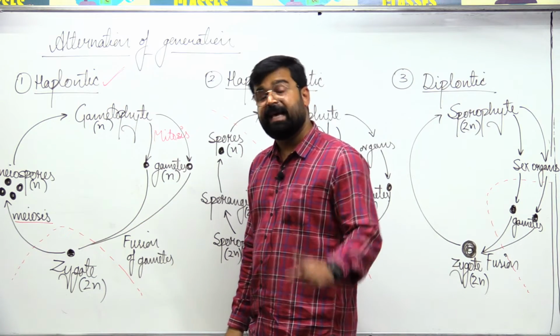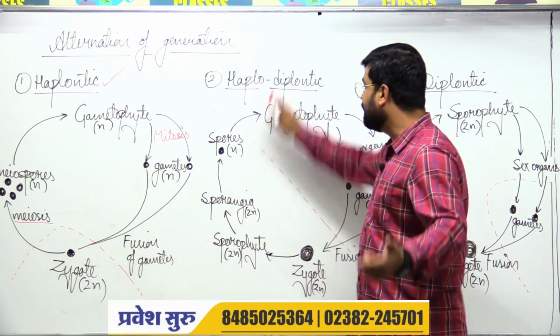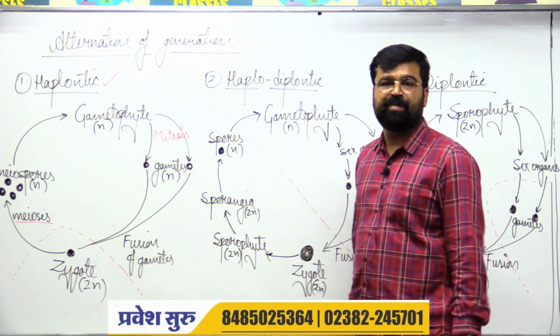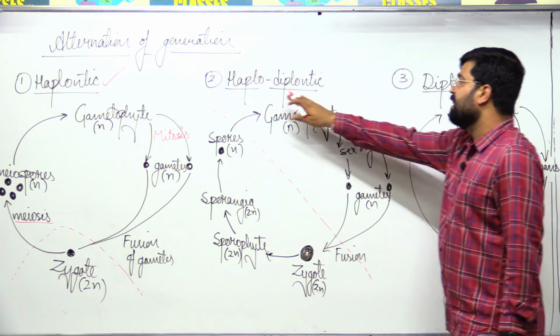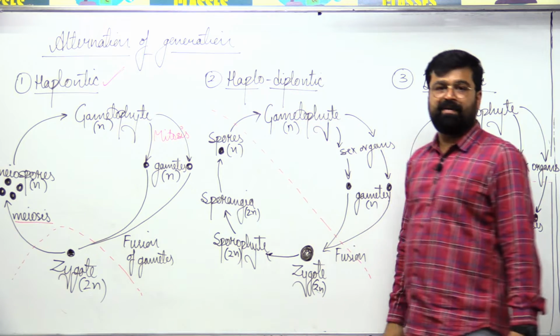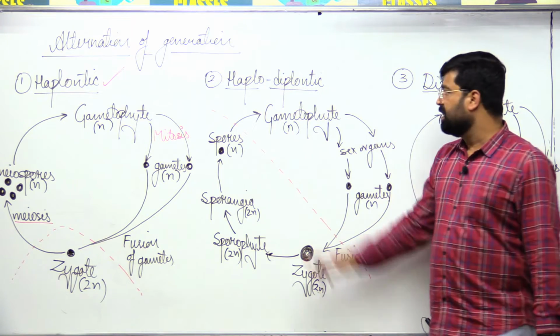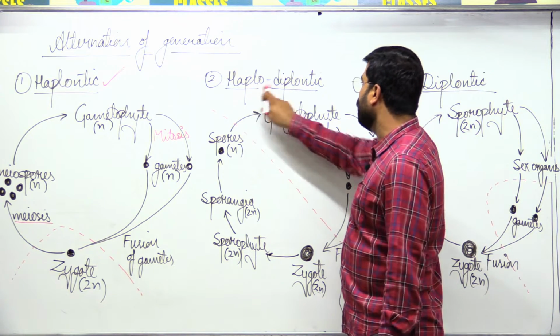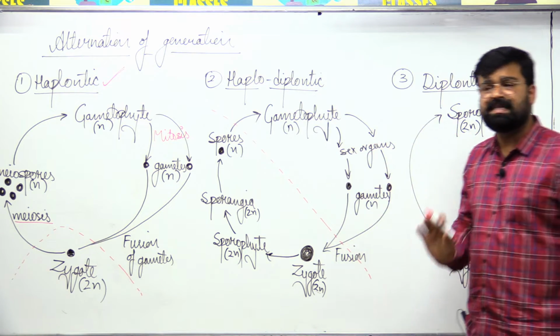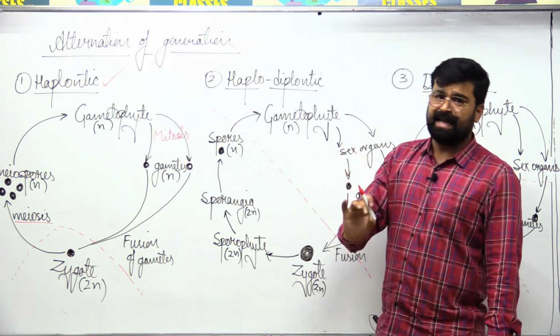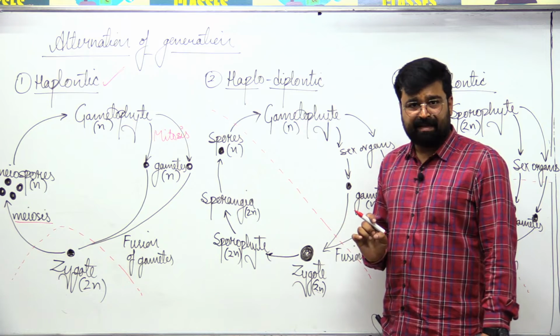Examples we will take later. First let us understand all three types of alternation of generation. Coming to the second, the haplodiplontic type of alternation of generation. Both the terms are there, haplo and diplontic. Haploid and diploid phases are both equally present in the plant's life cycle.